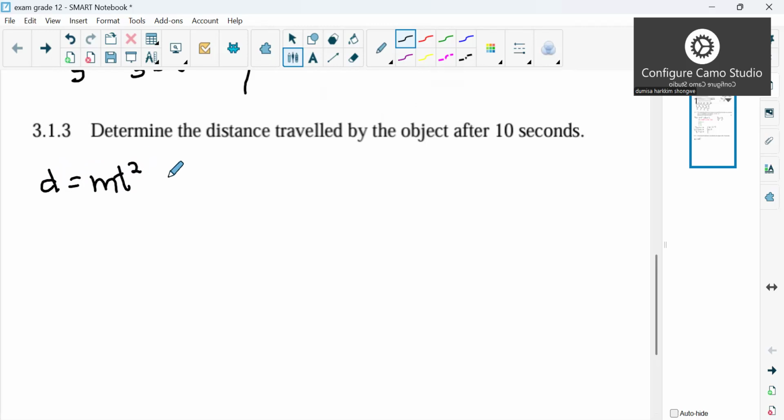But from 3.1.2, we already got m. Our m is equal to 1, so we're just going to write it as t squared. So d is equal to t squared plus our n, which we got as 3, so 3 multiplied by t.